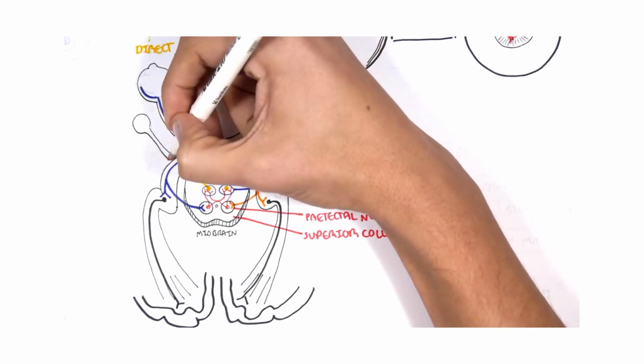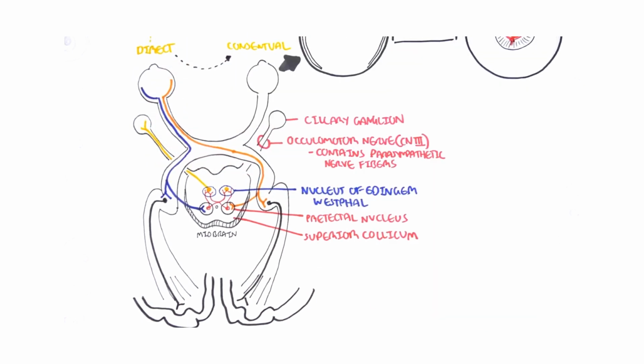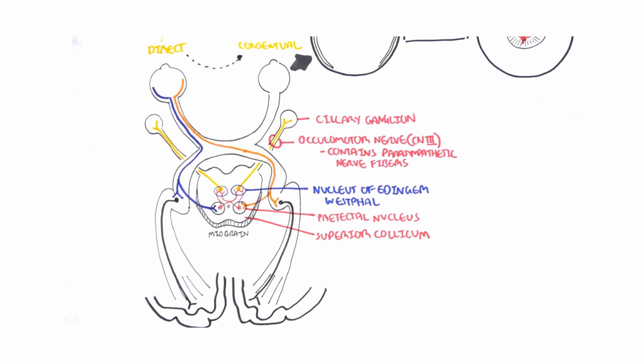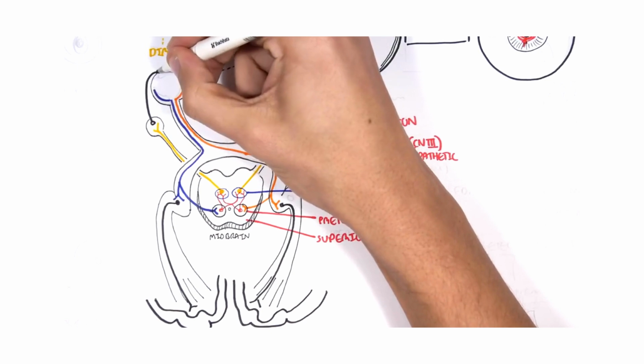The neurons there are stimulated, particularly the oculomotor nerve, because the oculomotor nerve originates from that nucleus. The oculomotor nerve, both on the right and left, will synapse in the ciliary ganglion with another neuron, the short ciliary nerve.